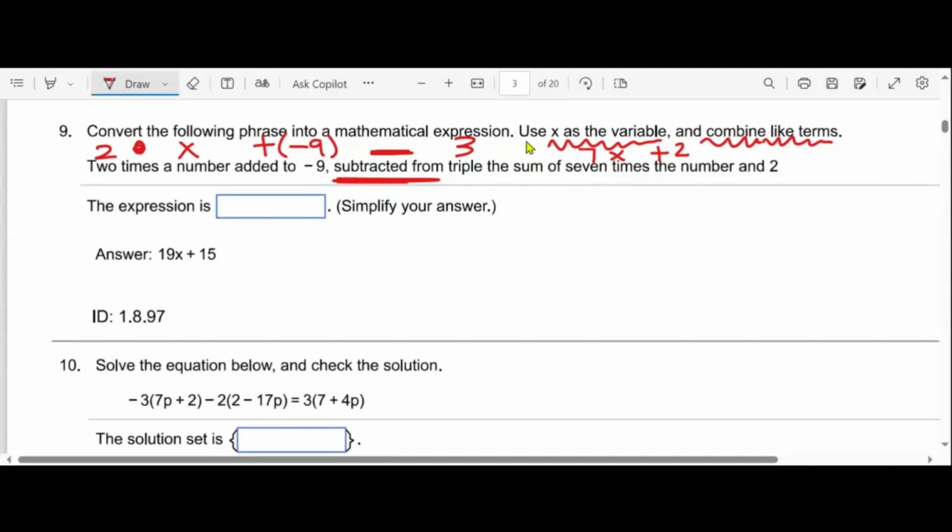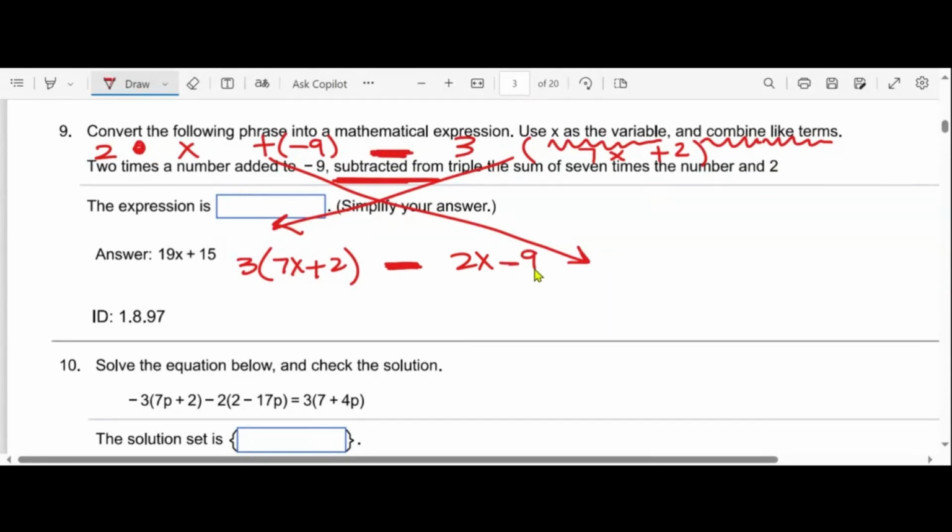Very good. So last time we know that subtracted from, we have to do what? Reverse the order. So it's going to be 3 times 7x plus 2, and don't forget to put the minus 2x minus 9, but don't forget to put parentheses here or brackets.